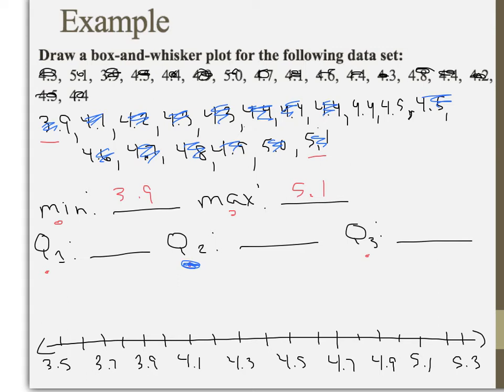So our median of the whole list is 4.4, and that represents our quartile 2.